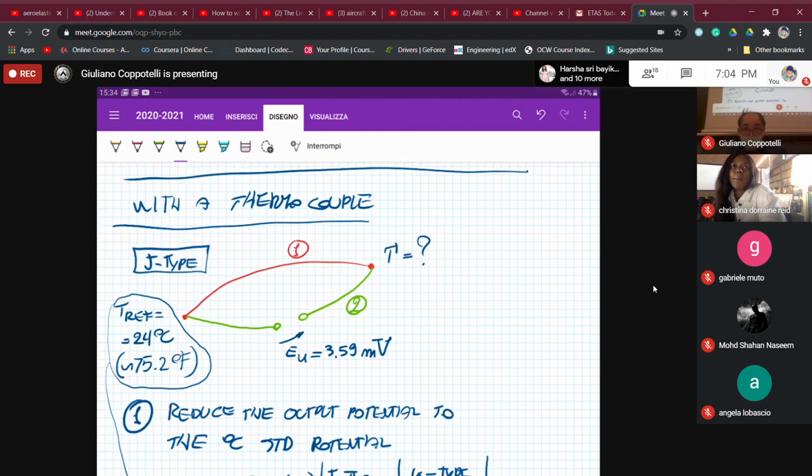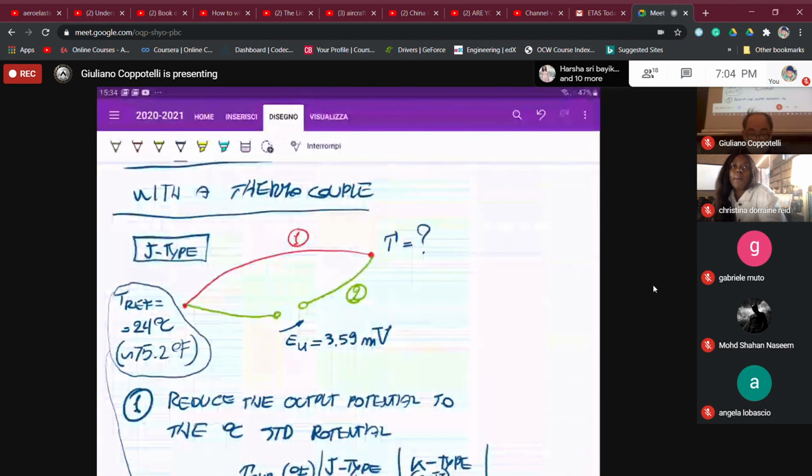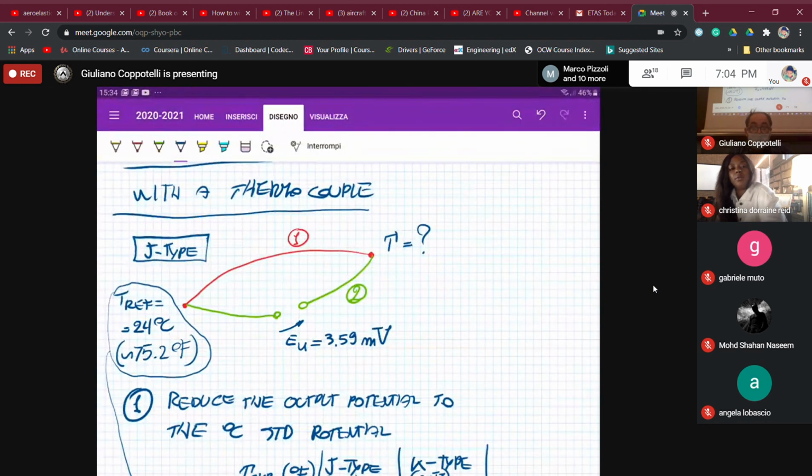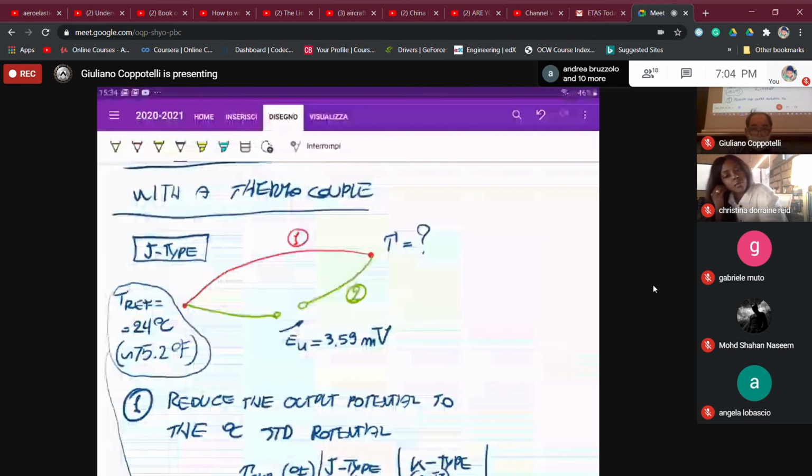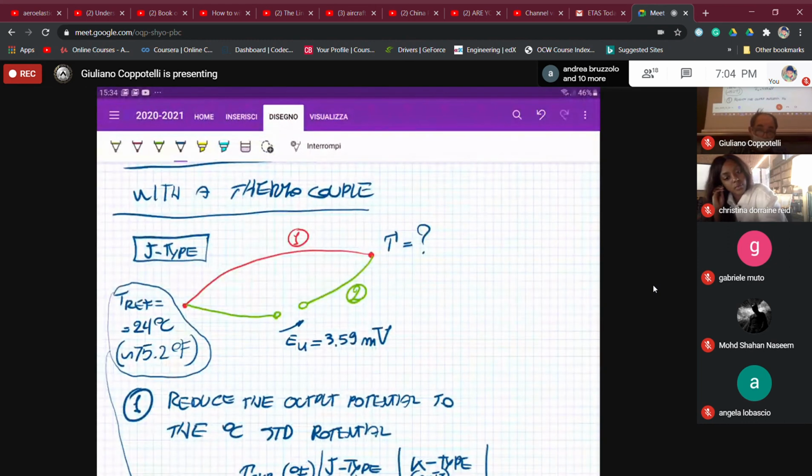What I'm measuring in order to do that is the output tension of the thermocouple, equal to, for example, 3.59 millivolts. How can I estimate my unknown temperature? In order to do that, you have to refer to tables that are all referred to the standard potential, 0 degree. So you have to refer to that thermocouple that is operating with the cold junction at 0 degree.